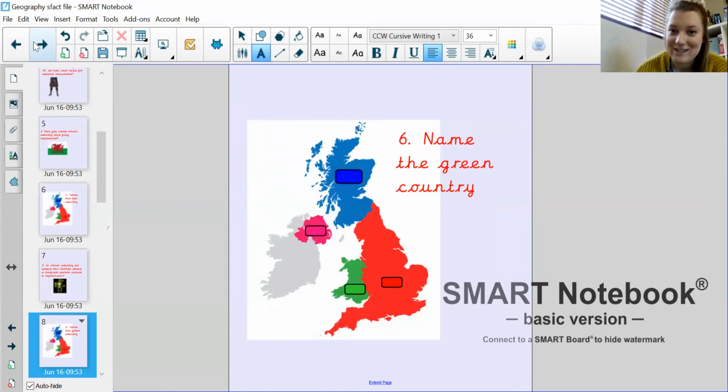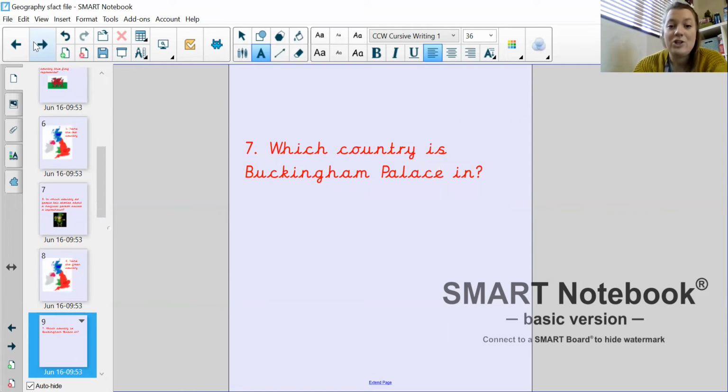Question 6. Can you name the green country on the map? Question 7. Which country is Buckingham Palace in?